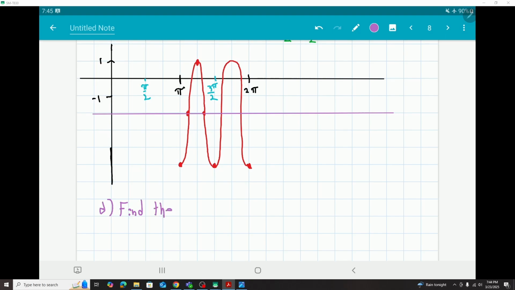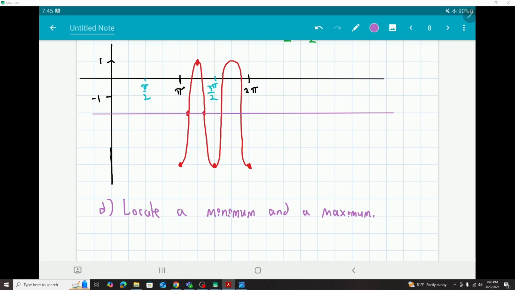Find the, or maybe a better way to write it is, locate a minimum and a maximum. Okay.